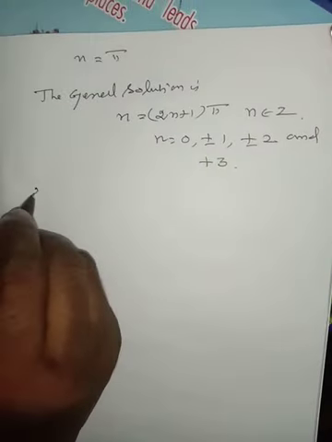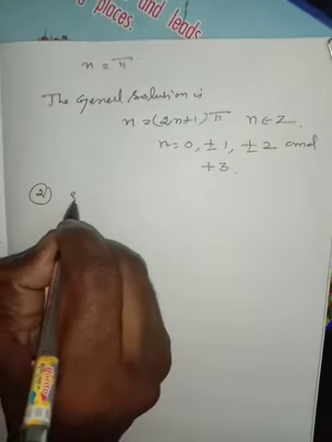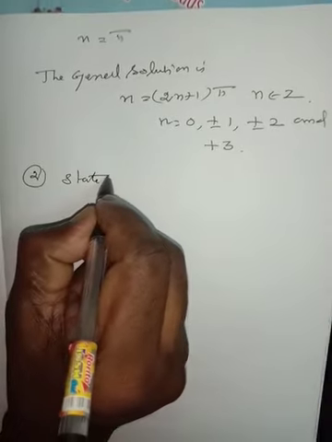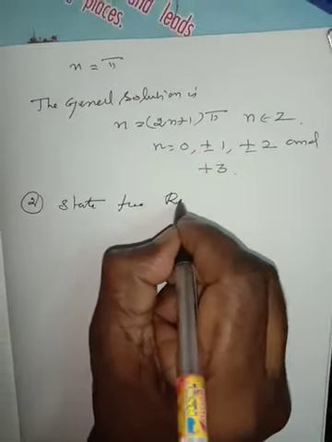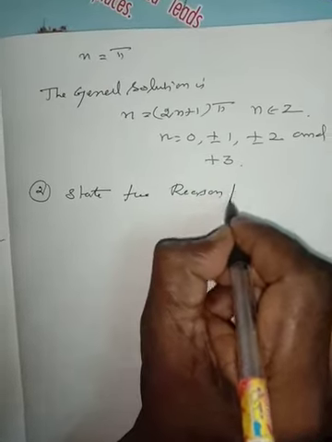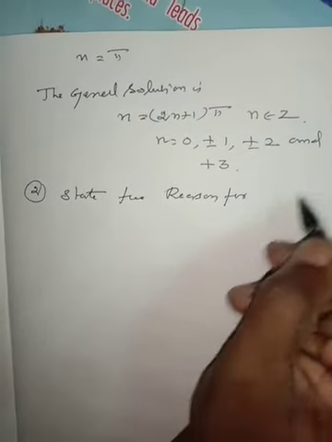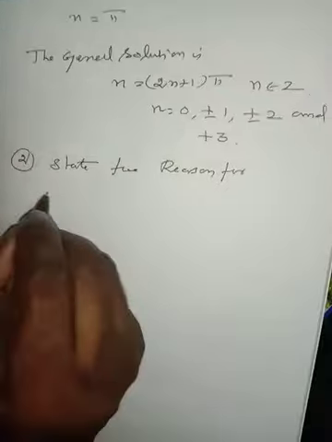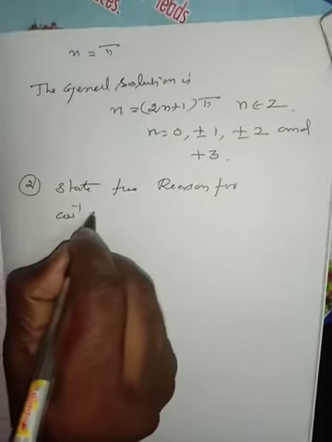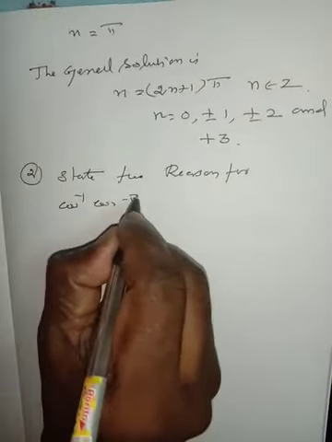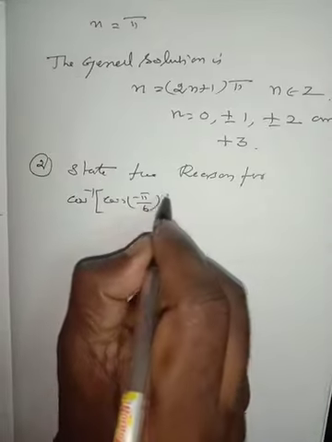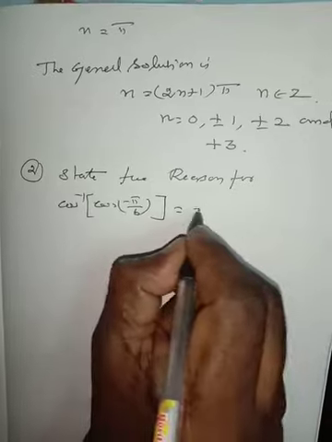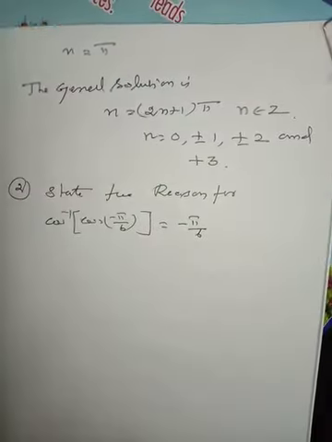Next, question number 2. State the reason for cos inverse of cos of minus pi by 6 is equal to minus pi by 6.